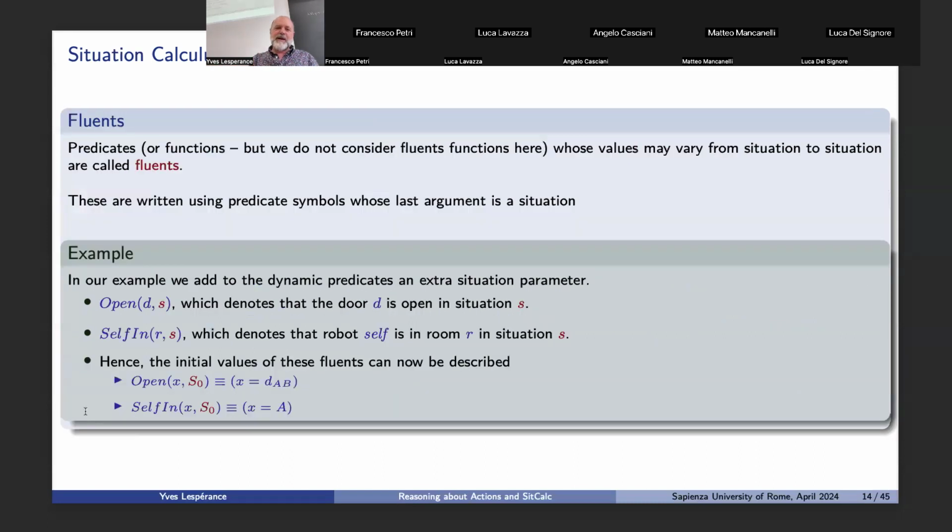So self in A is true in S0, self in B is false in S0, but if you look at the situation do go to B, S0, so after the agent goes to B, then self in B is true and self in A is false. That's what we want, because as we said, the agent can only be in one place at a time, so the theory should tell us that.